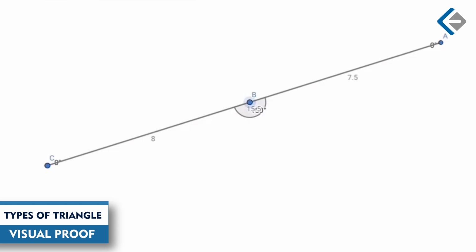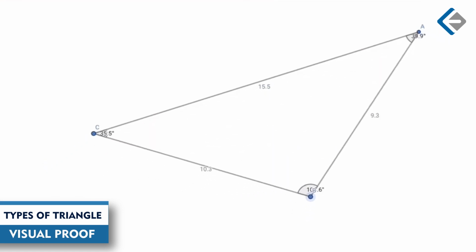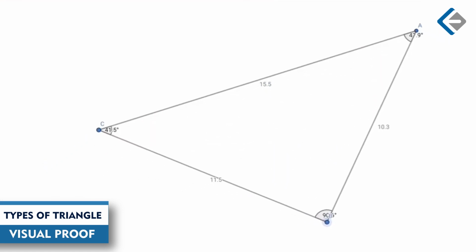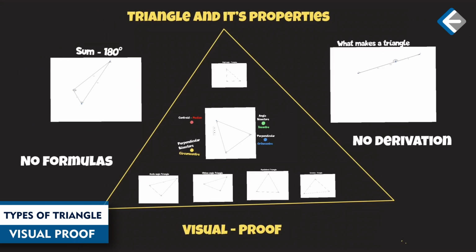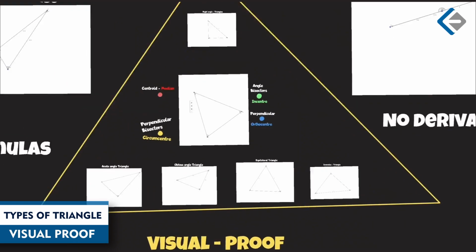That's the range that you can understand visually about the obtuse angle triangle. From 90 it starts, where 90 is a right angle triangle and it keeps on increasing from 90. So if one of the angles is greater than 90, it's an obtuse angle triangle.